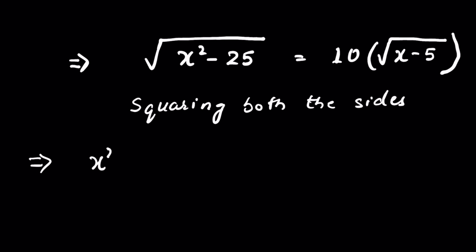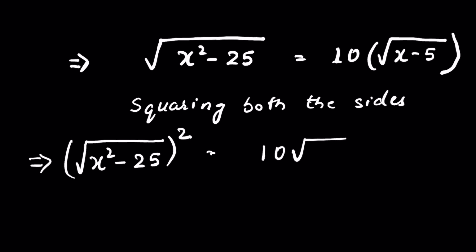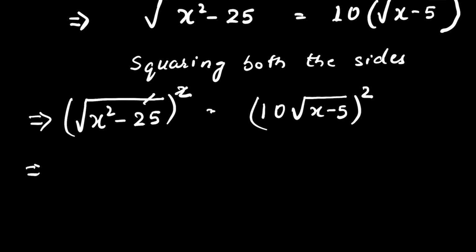So it will be (√(x² − 25))² is equal to (10 times √(x − 5))². Now we can remove this square root with this square.